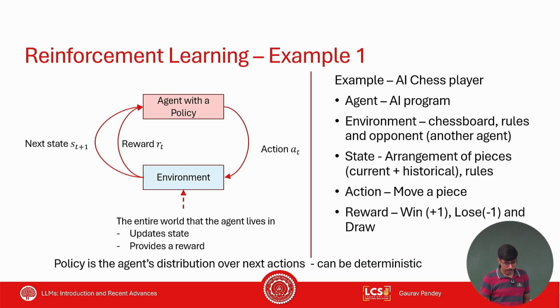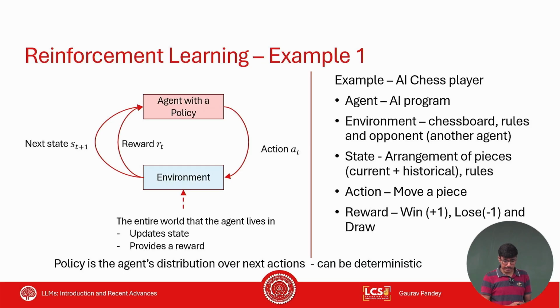And then the rules of the game, right? Now, state is like a snapshot of the environment. More accurately, the state is the information of the environment that is available to the agent. In the case of chess, you cannot see what the brain of the other player is doing, but what you can see is the moves that the other player is making, and based on that, you can try to guess that maybe this player is trying to checkmate me, right?